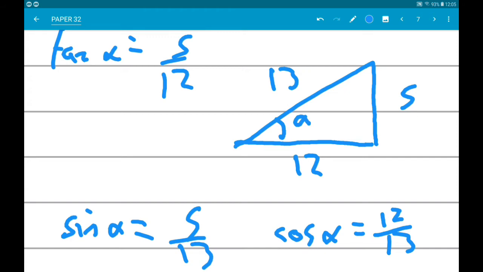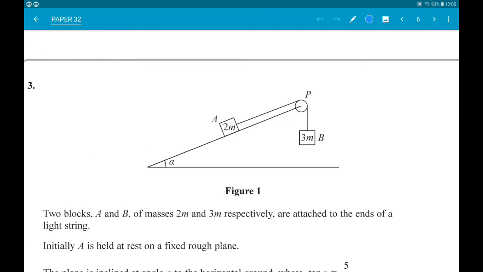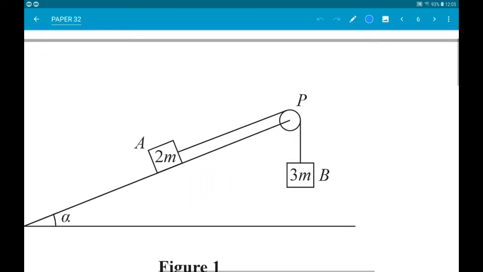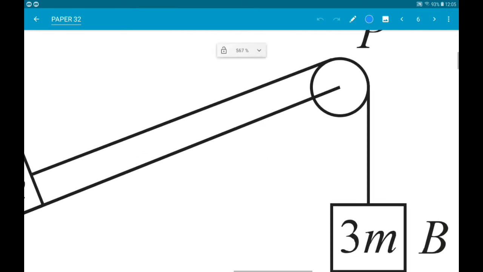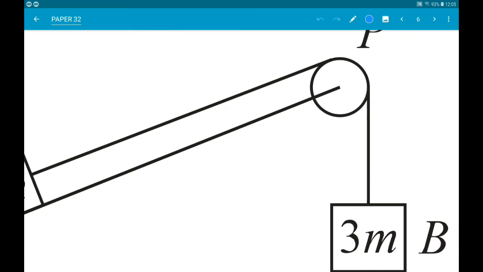Alright, so now then to the diagram. So in terms of A, tension is acting up the slope. In terms of B, tension is acting up the rope.